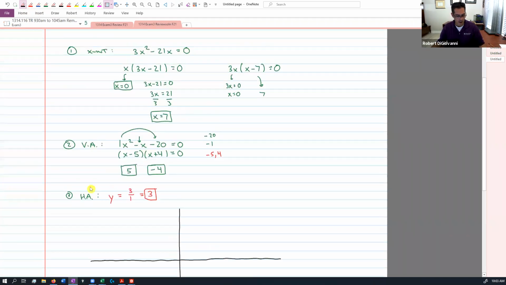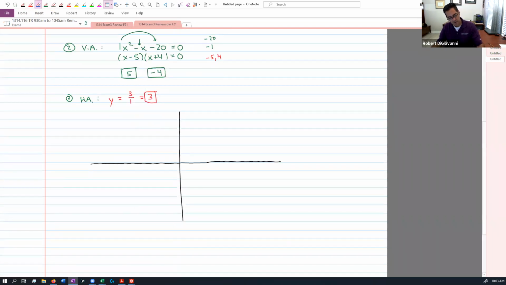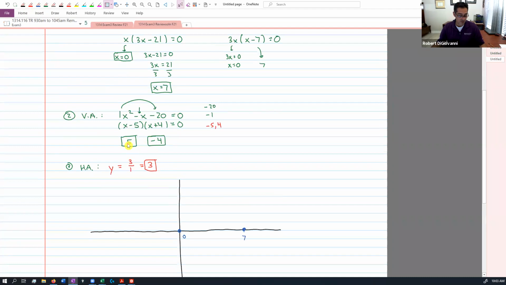All right, I have x-intercepts of 0 and 7. So at 0, I have a point. And at 7, I have a point. I have 2 vertical asymptotes, 5 and -4. So at 5, I have a vertical barrier.